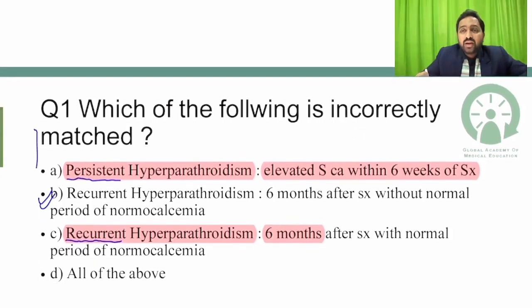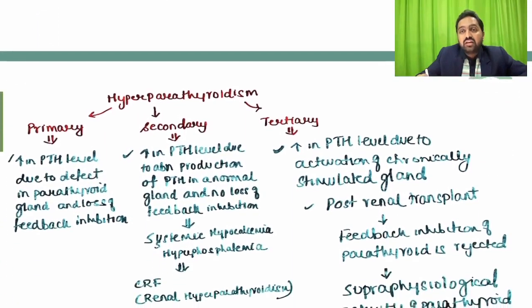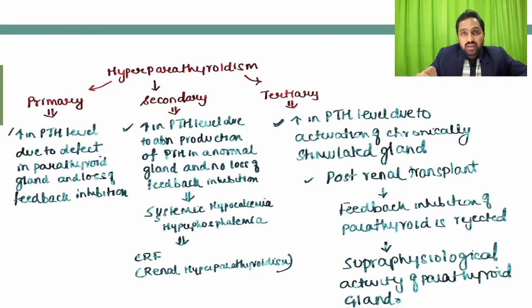Now, coming down to hyperparathyroidism, I would want you all to know some important topics with respect to it. The first is the classification of hyperparathyroidism. So, we have three types: one is your primary, then your secondary, and third is your tertiary. So, what is your primary hyperparathyroidism?